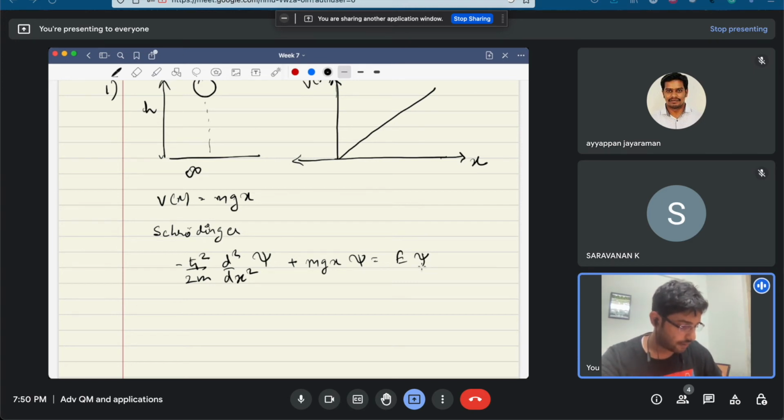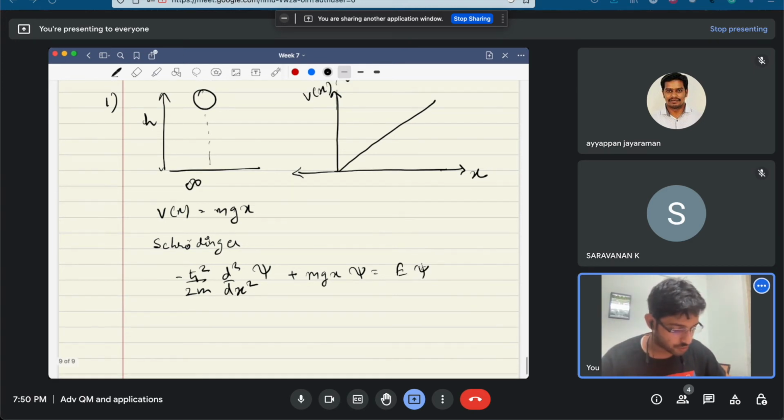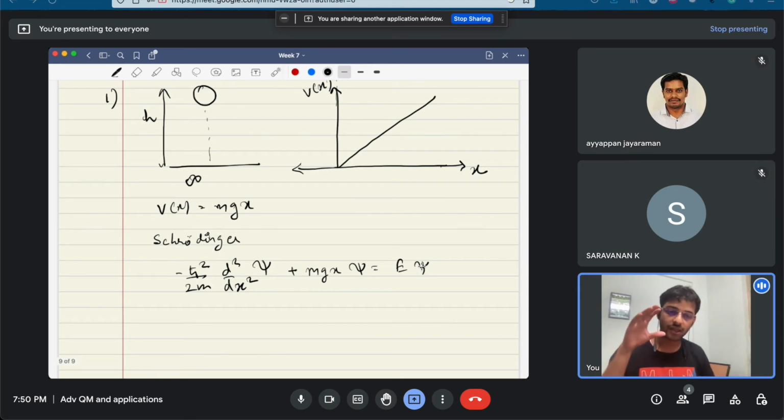Since the initial height was h, your energy is essentially mgh, which you are already familiar with, and let's say this h is somewhere here.